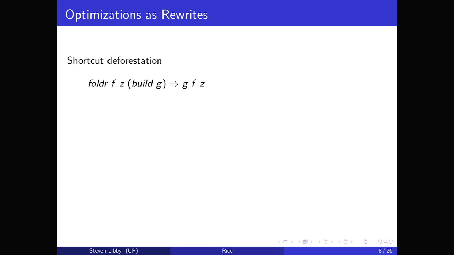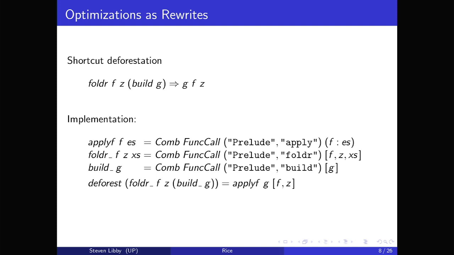And the implementation of this is just about as easy. I make an apply function here that is used frequently in the compiler. It's just a function call, a call to apply, which is the partial application function. And then I have a function f, I have a function foldr_ and build_.